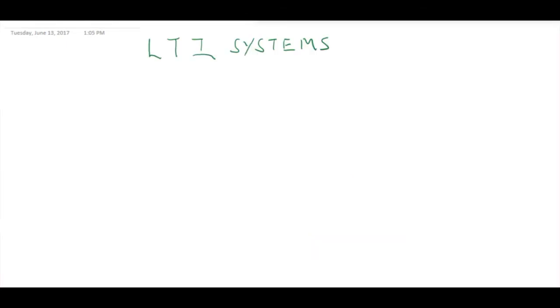Now, suppose we have an LTI system here. Usually we like to find the system output for whatever given system input. Then what do we need to know? We just need to find the impulse response first.